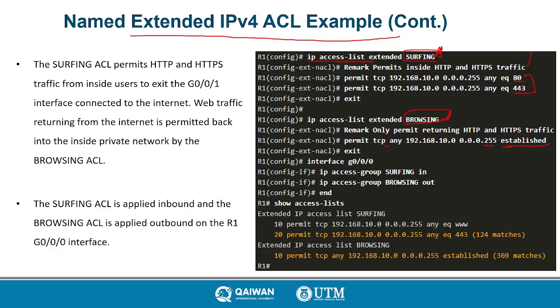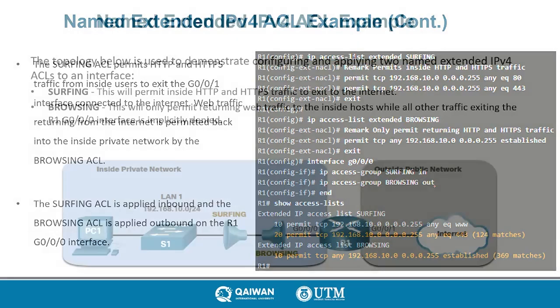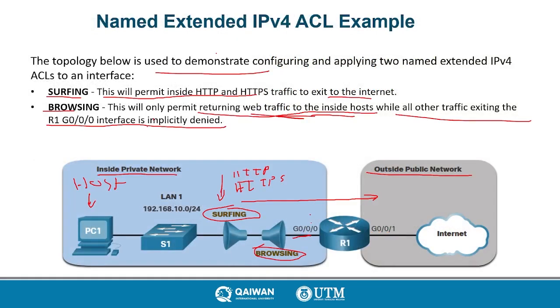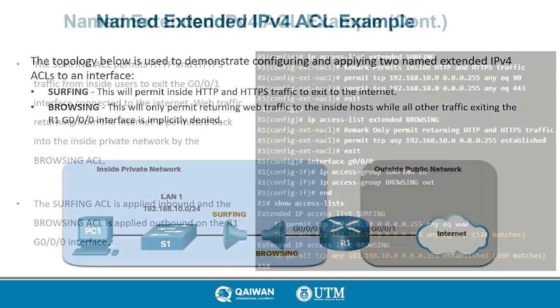Only these two would be allowed. And on the interface G0/0, we have SURFING in and we have BROWSING out. So we will apply them over G0/0, which is here, with an inbound and an outbound.